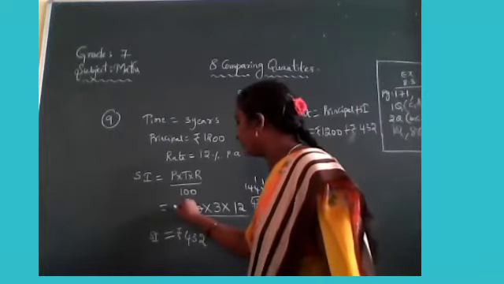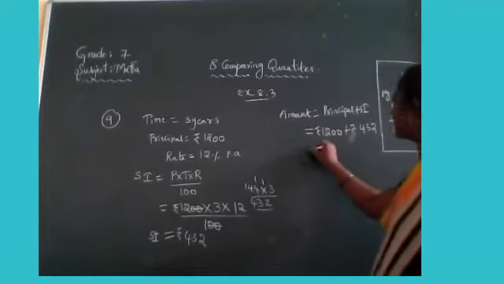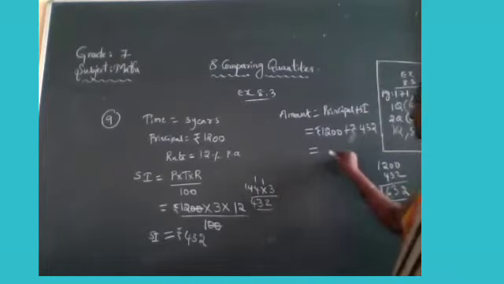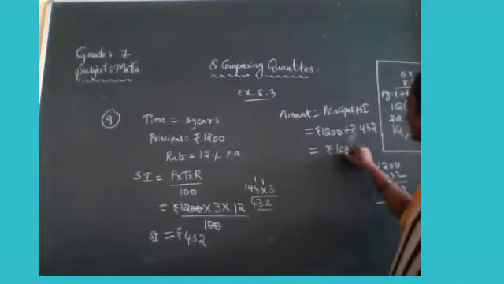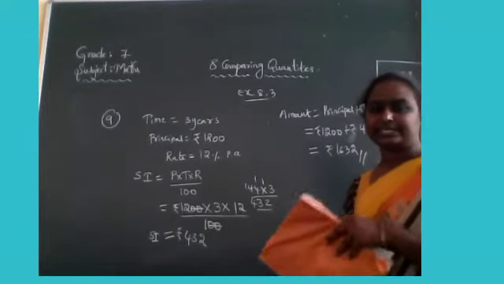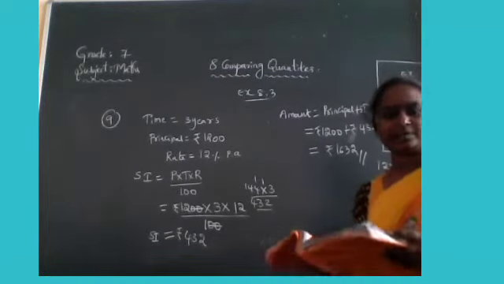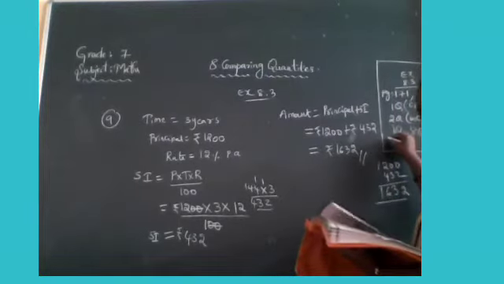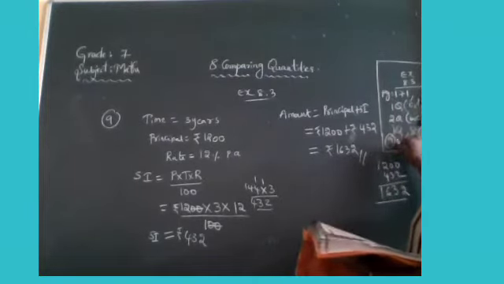Then what is the total amount? 1200 plus 432 is 1632 rupees, the total amount. So is it clear how to find the simple interest and the amount? Very good.